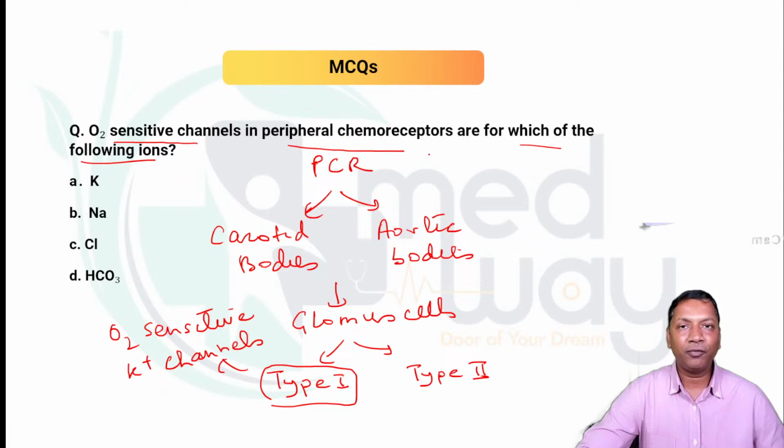Hypoxia means the lack of oxygen at the tissue level. Now come to the options: A is potassium, B is sodium, then chloride and bicarbonate. So our correct answer is A, the potassium channel. Remember, the type 1 glomus cells present in the carotid bodies and aortic bodies, which are the peripheral chemoreceptors, have the oxygen sensitive potassium channels.